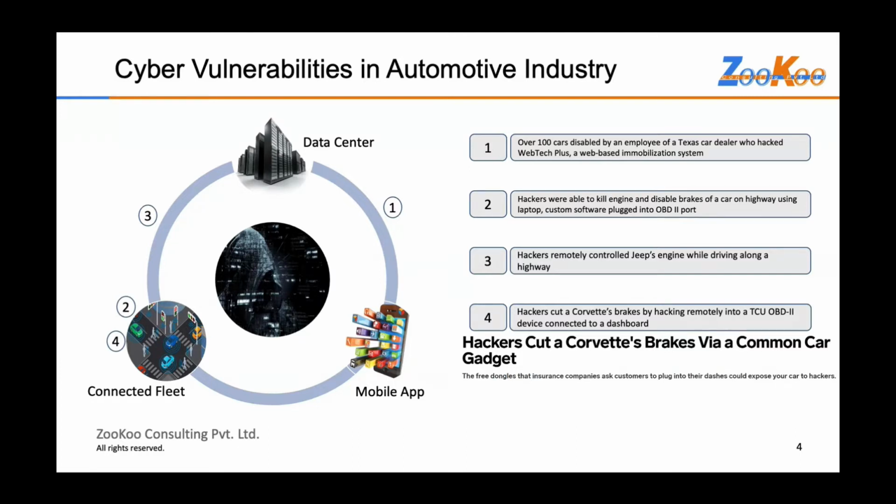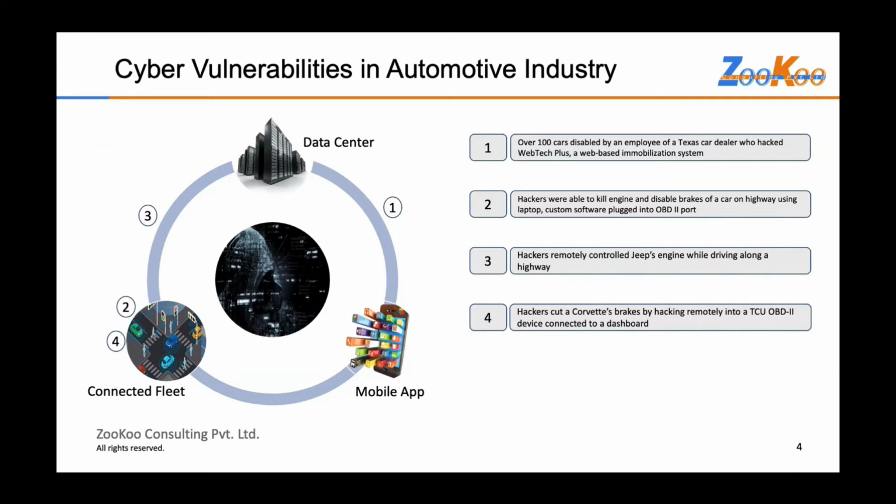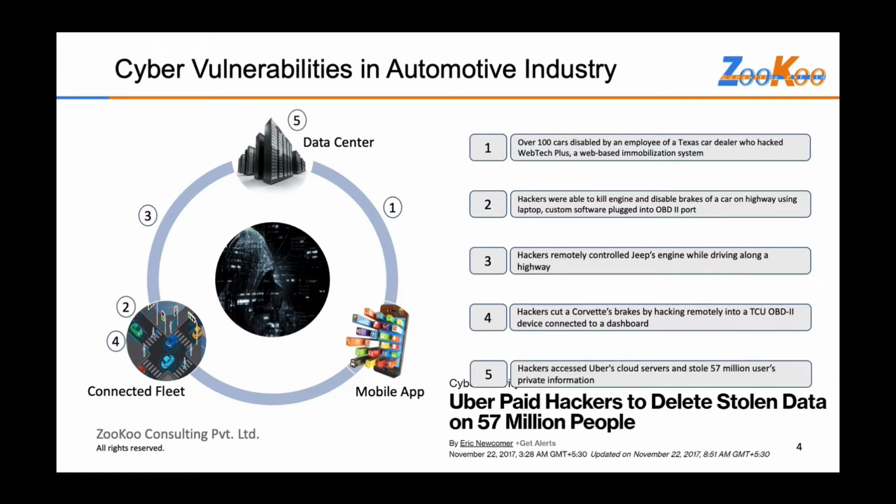I think most of you may know the incident of 2017. In 2017, hackers stole the personal data of 57 million users, customers and drivers, from Uber. A massive breach that the company concealed for more than a year. Riders around the world were compromised.